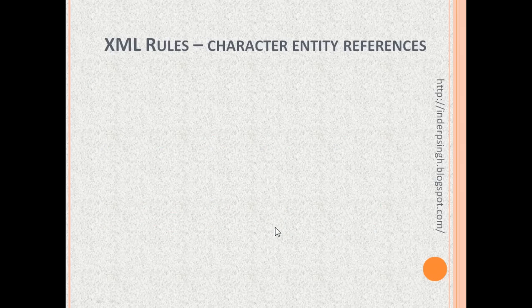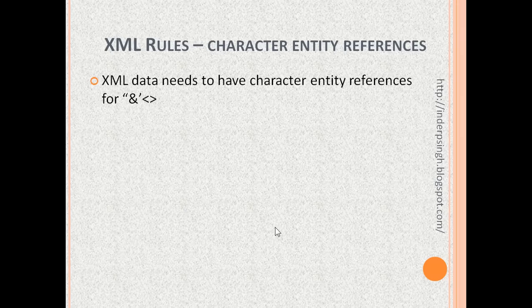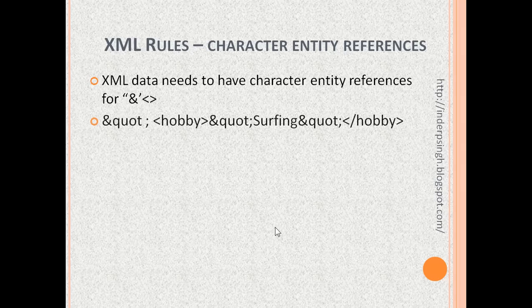Now let us come to an important topic in XML, and that is character entity references. There are some characters which have special meanings in XML. These characters are the double quote, ampersand sign, apostrophe, less than, and greater than. So let us say we want to include a double quote.